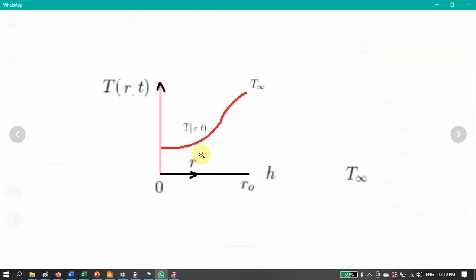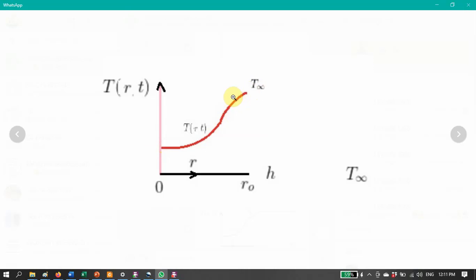So the temperature gradient at the center point will be zero. There is no heat transfer there, because it's a thermal symmetry. But at r equal to r0, at the surface of the egg, there is a heat flux. So there we will see some temperature gradient inside the solid, right?